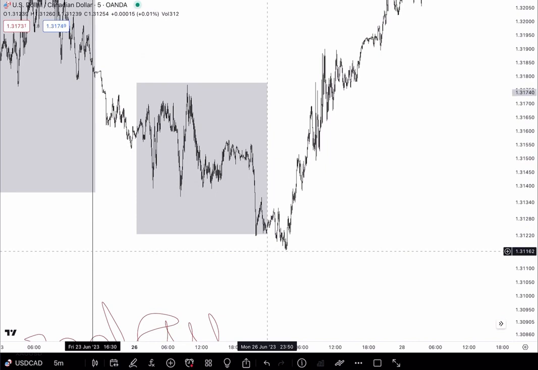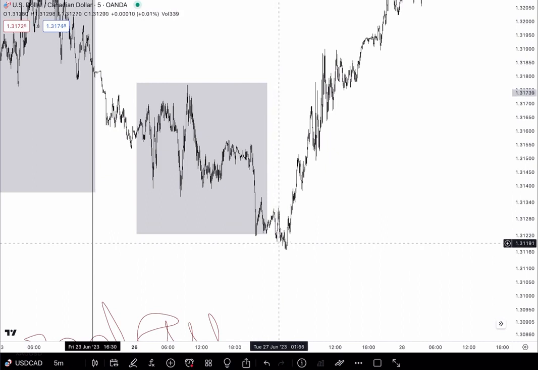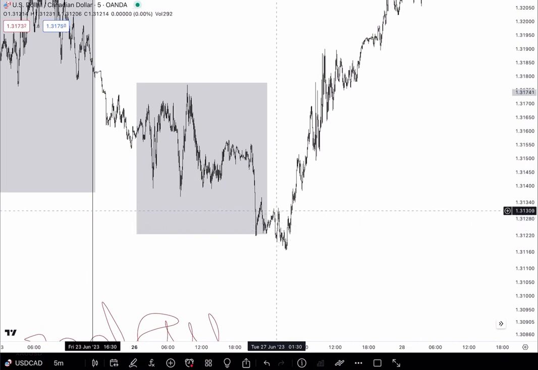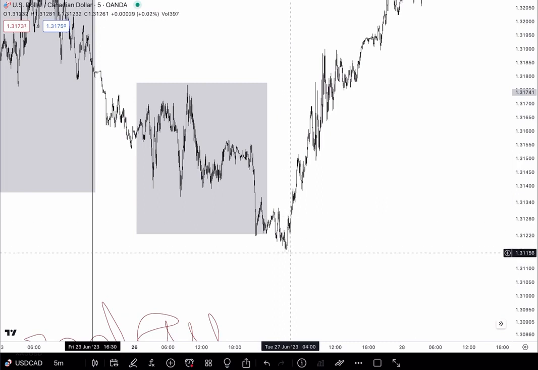However, what usually happens is a bunch of chop, and you can start looking for a manipulation starting from 2, which is the classic, the by the book way, right? After 2, we decline into the previous day's low.